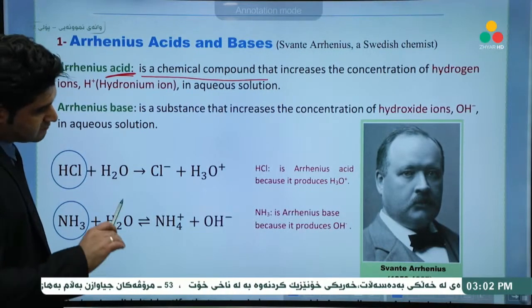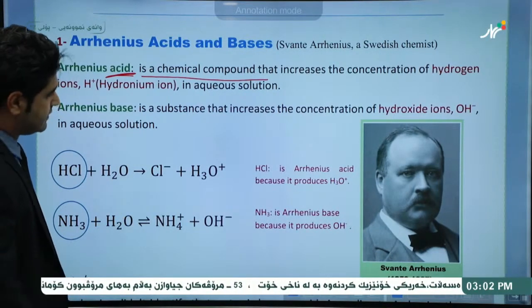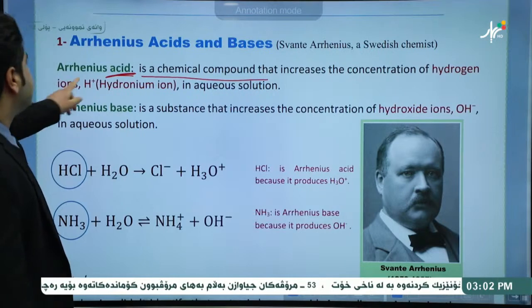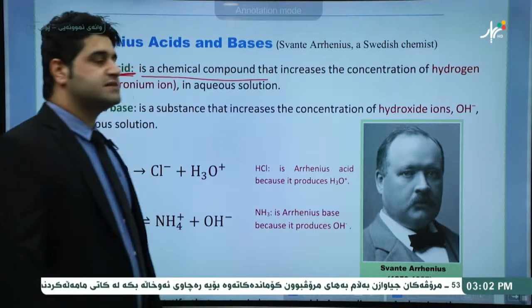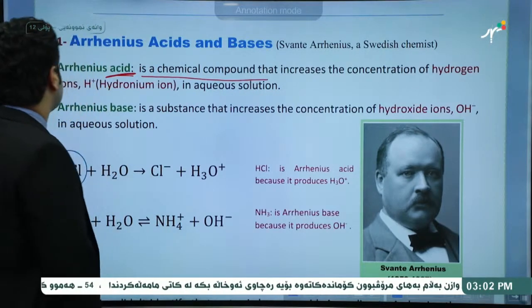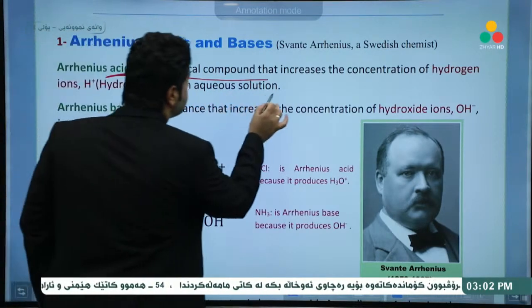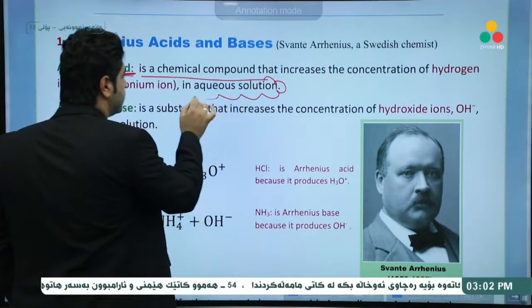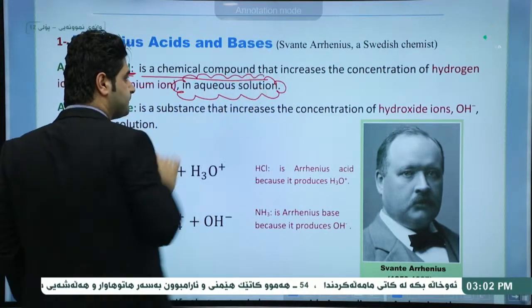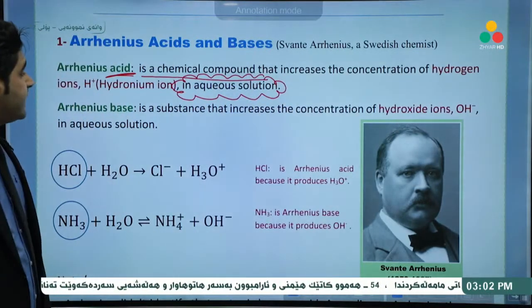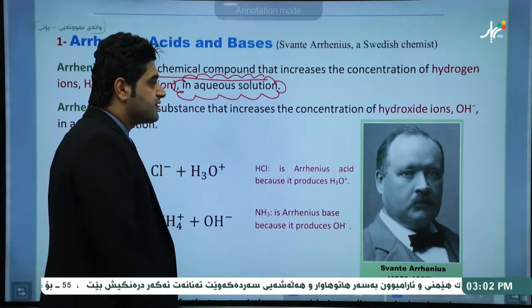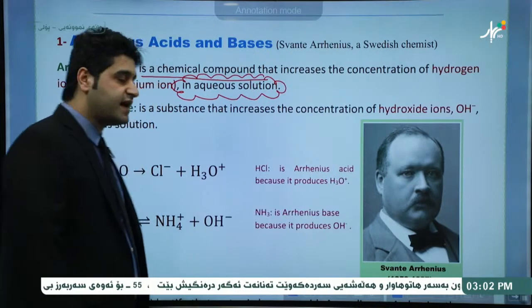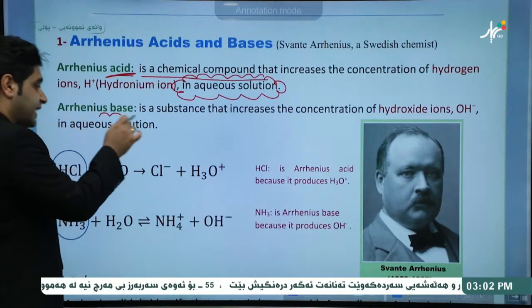It looks like almost a Kurdish man. So, an Arrhenius acid is a chemical compound that increases the concentration of hydrogen or hydronium ion in aqueous solution. That's the point: aqueous solution. But an Arrhenius base is a substance that increases the concentration of hydroxide ion in aqueous solution again.